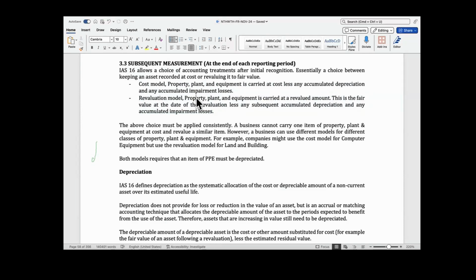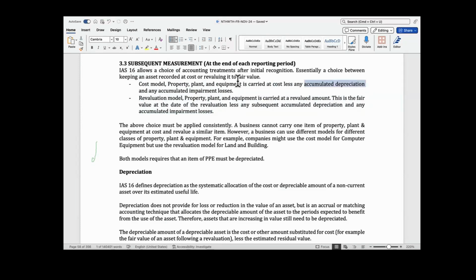Now, you will see that for the cost model, we said is the cost less accumulated depreciation and any accumulated impairment losses. There are three items in question here: costs, accumulated depreciation, accumulated impairment losses. And when I say three items, that means three different accounts.